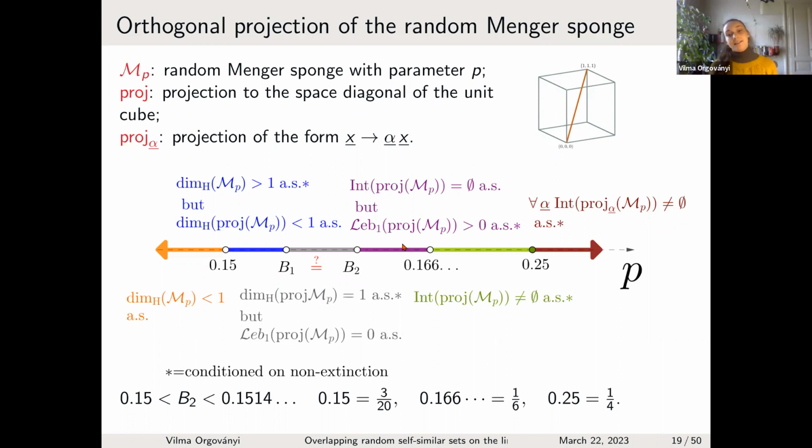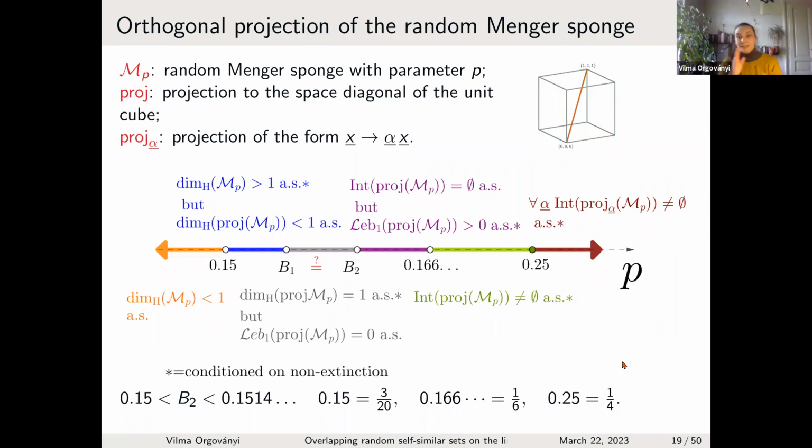And then the next interval is between 1/6 and 1/4. And here the interior of the projection to the space diagonal will be non-empty, almost surely conditioned on non-extinction. And if p is greater than 1/4, then the interior of every projection will be non-empty, almost surely conditioned on non-extinction.